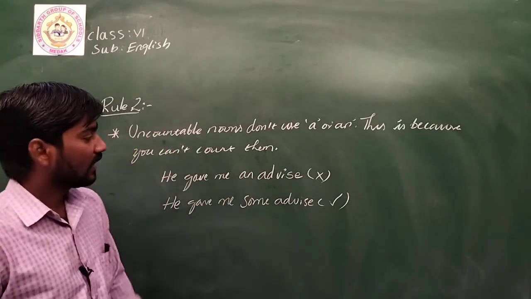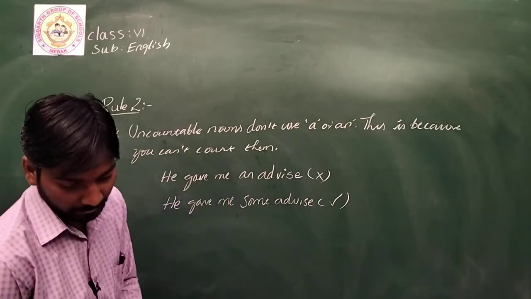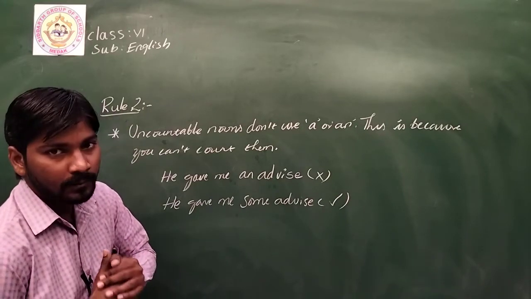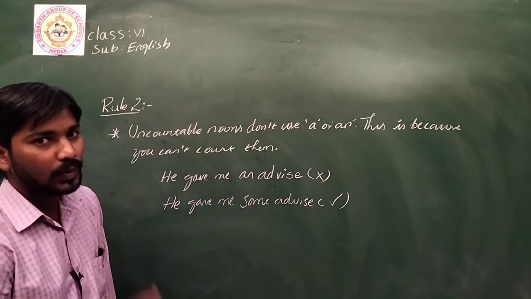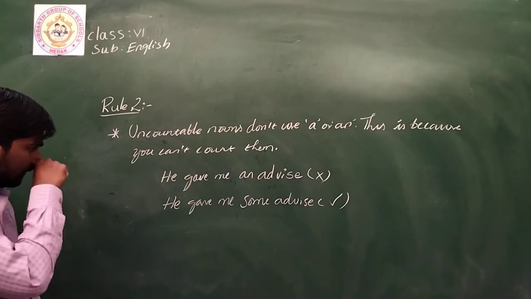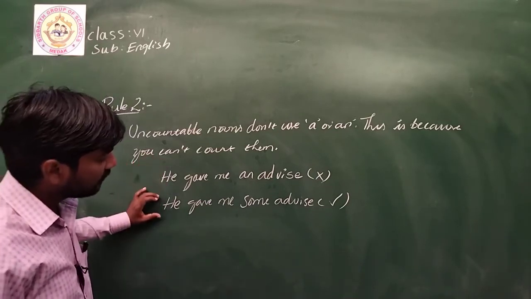So, children, here in these two sentences, there was a mistake. Will you find what was the mistake? Can you guess the mistake? He gave me an advice. He gave me some advice.